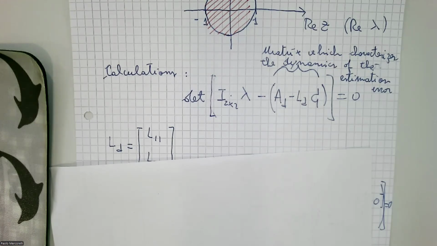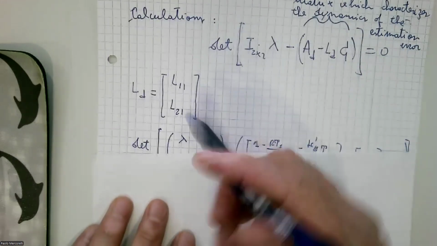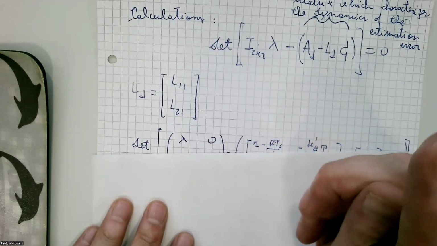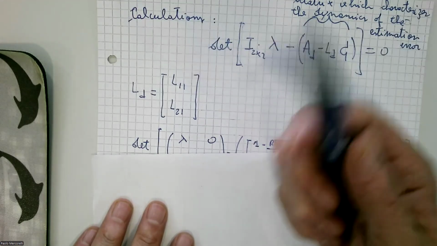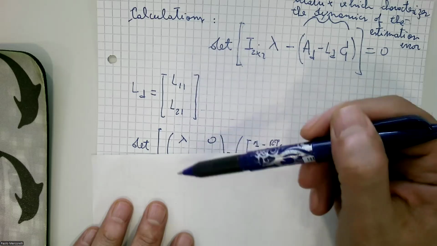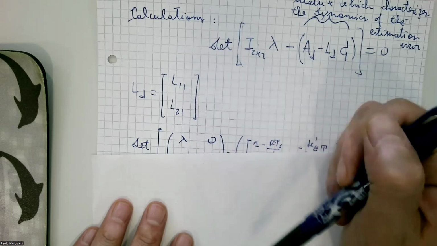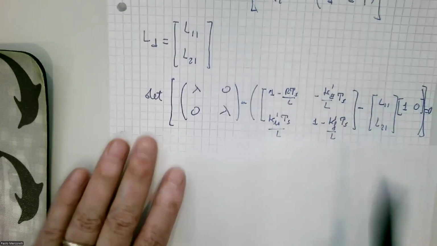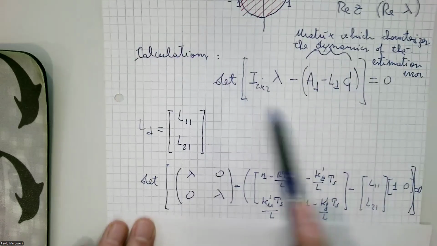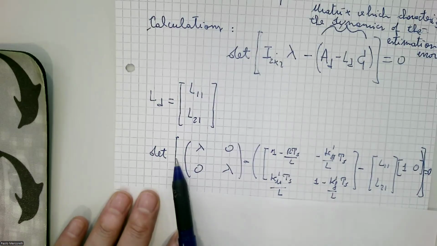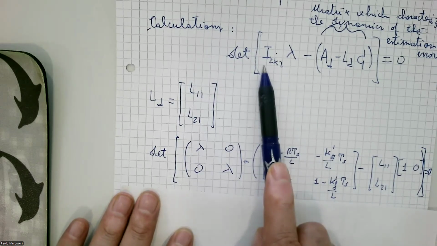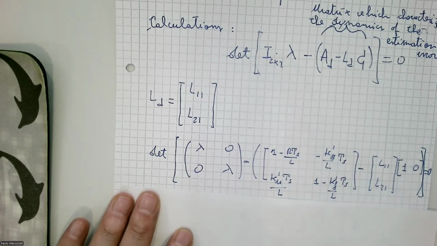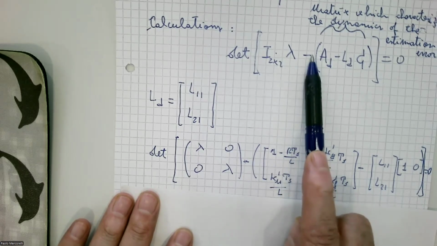Sometimes we are constrained by the microcontroller, by everything I know. LD, as I told you, if the measurement I have at disposition is just one, LD consists of just one column, if I am measuring just the current, for instance. Now, this expression here can be written like this. Why? Lambda times 0, 0, because we have this identity matrix multiplied by lambda. We have 2 states. Minus, because we have this minus here.